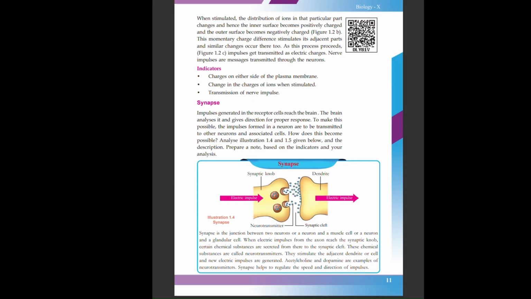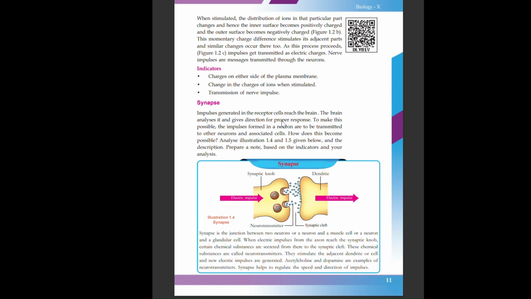Next is the synapse. Synapse is important, and it's easy also. Just listen to me, I'll explain it in an easy form. Impulses generated in the receptor cells reach the brain through the neurons.